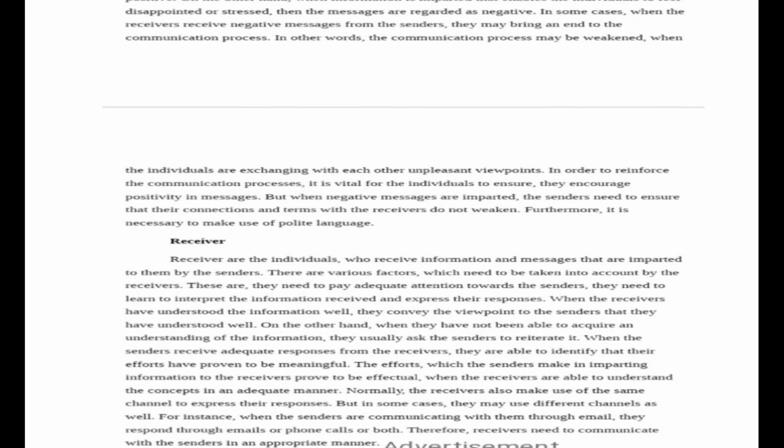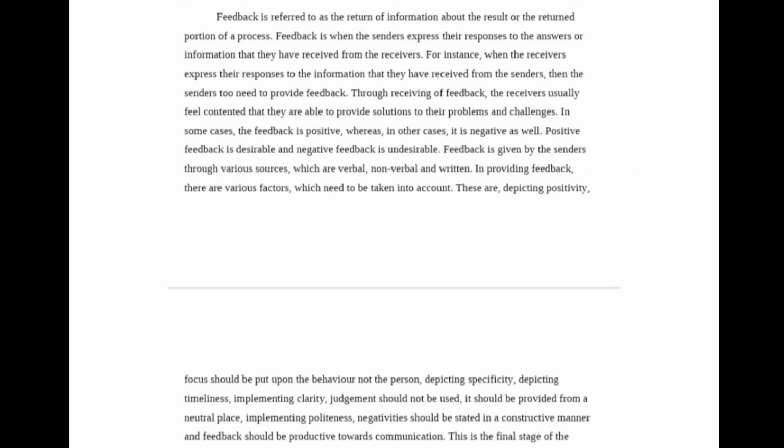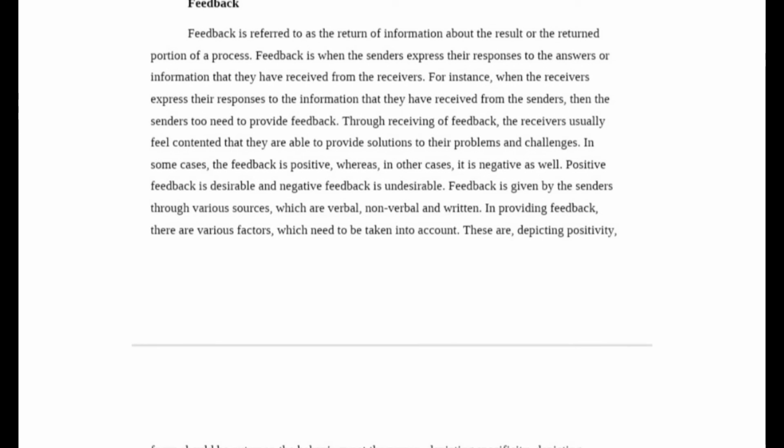So it's essential on the part of the receiver that they should communicate with the sender in an appropriate manner regarding the information shared by the sender. Next stage is feedback. Feedback is referred to as the return of information about the result or the returned position of a process.